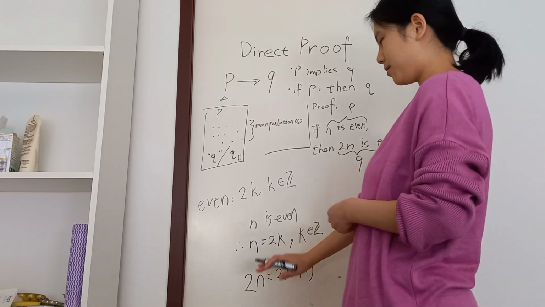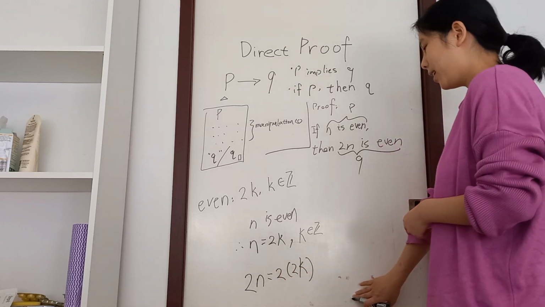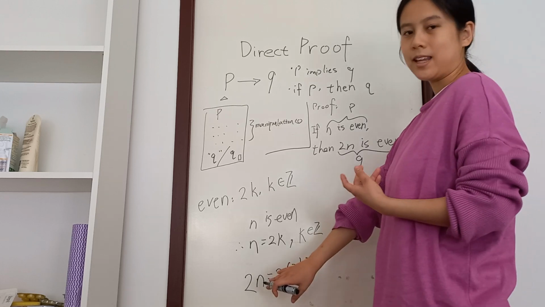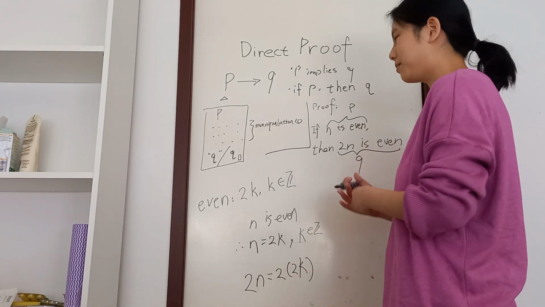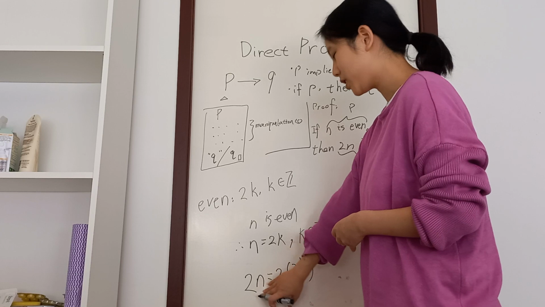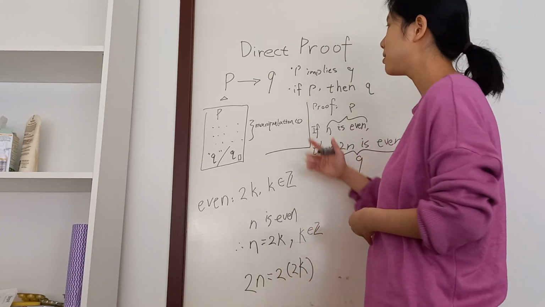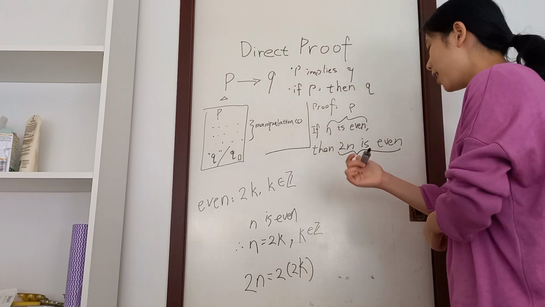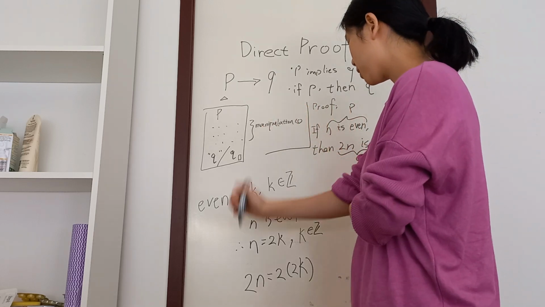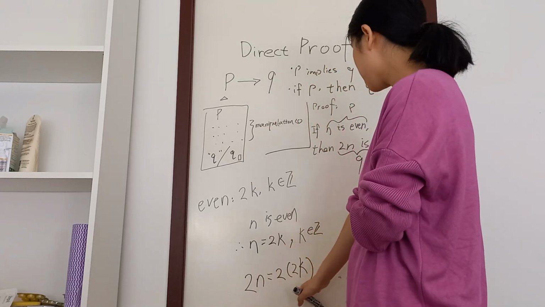In this case it's really obvious, but I'll explain it not just to explain this question itself, but to explain the process of this direct proof. So now we get 2n equals 2 times 2k.